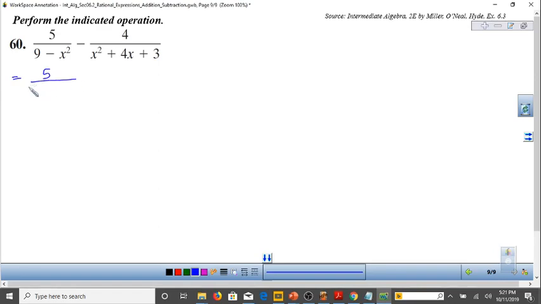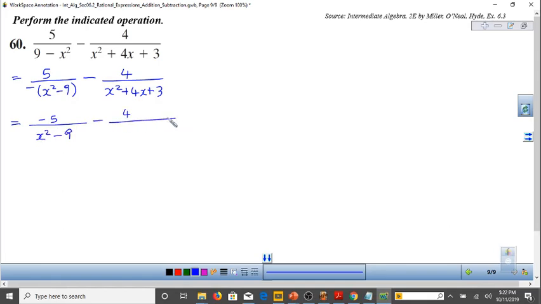I'm going to write that as negative of x squared minus 9. And I'm going to factor this in a minute. But what I'm also going to do is I'm going to move the negative to the numerator. So you end up with negative 5 over x squared minus 9. And then we're going to factor.